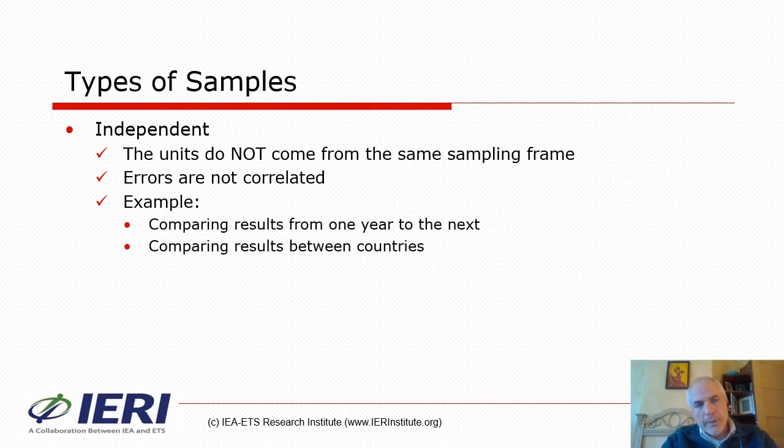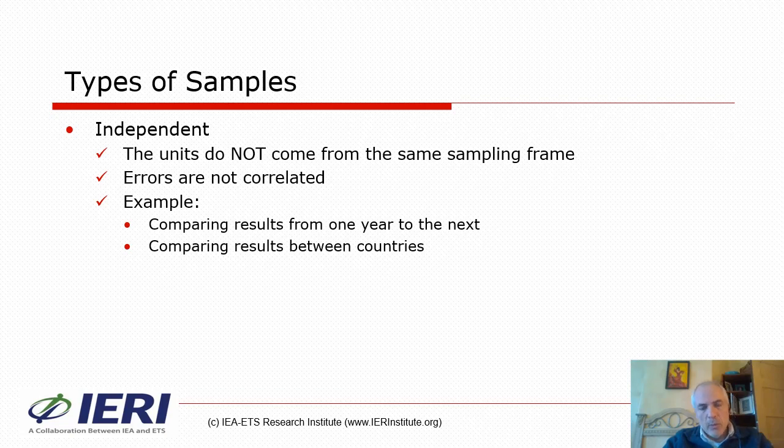Another consideration when calculating significance, doing significance testing between two statistics, is the types of samples. So we have independent samples, and these are the ones where the units do not come from the same sampling frame, and therefore the errors are not correlated.